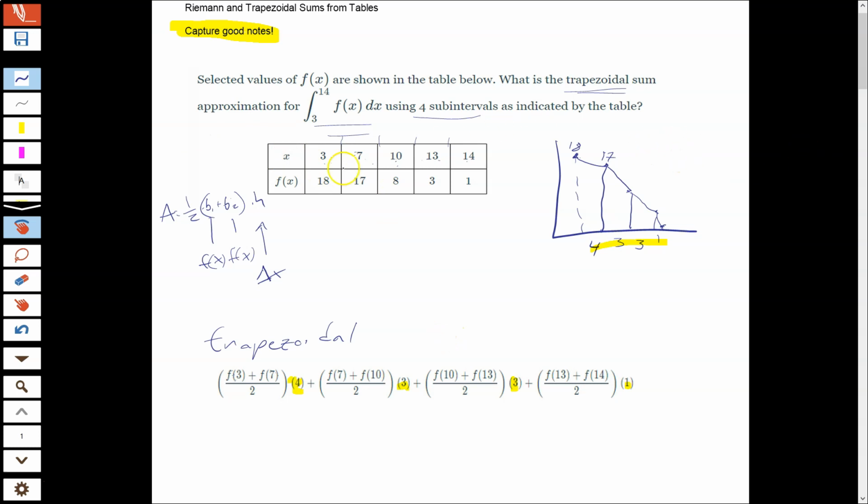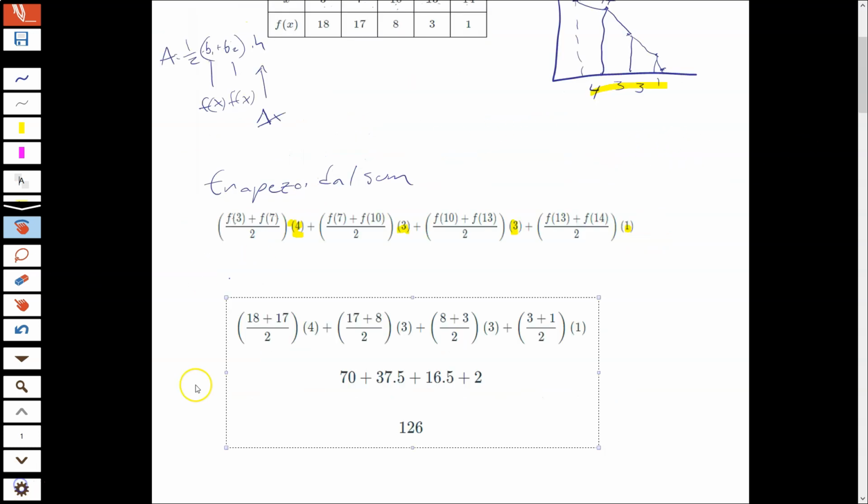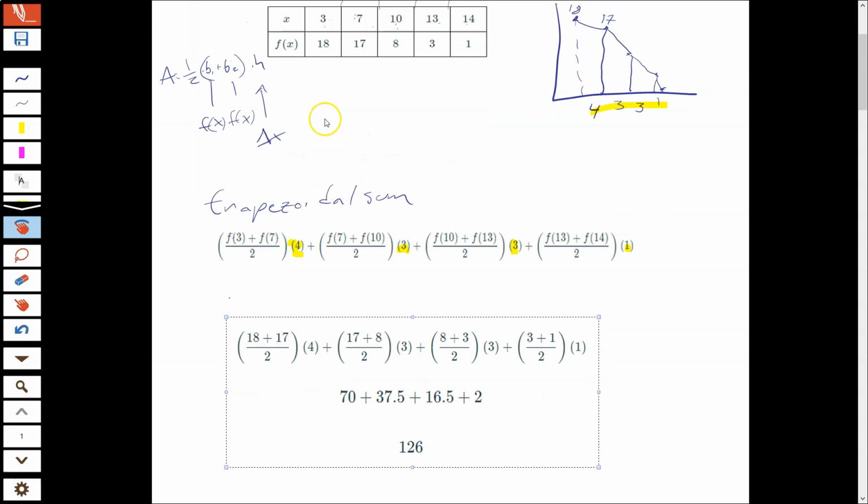Then we're just going to substitute and solve. This is what that would look like. Notice I've just plugged in values from my table. My f of 3 and my f of 7 are 18 plus 17, and I continue to do that throughout the table, going interval by interval.